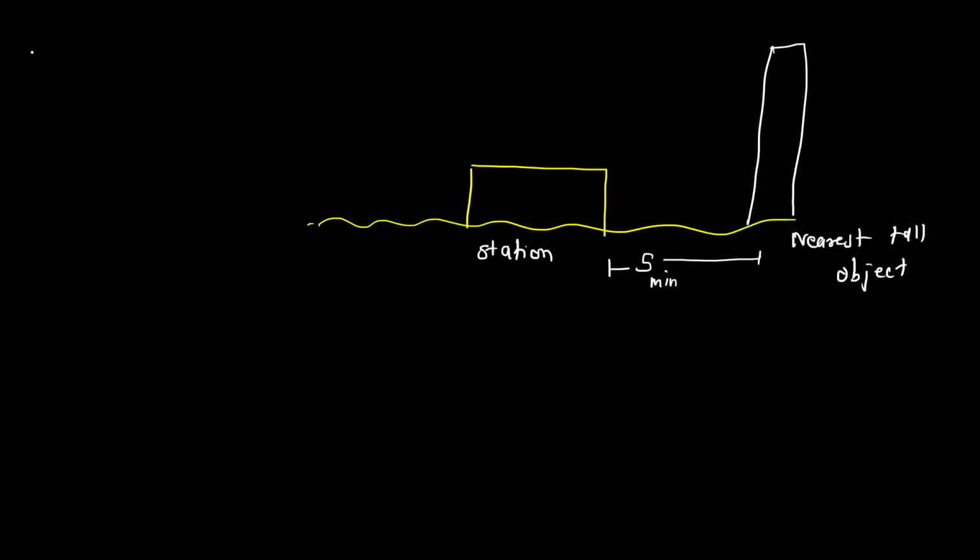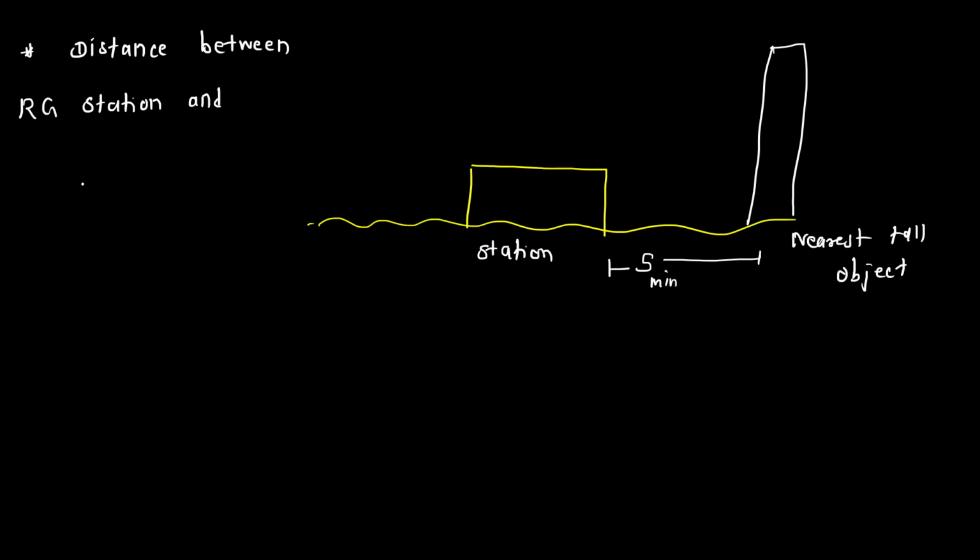So write down distance between station. See, this station means rain gauge station. Don't get confused here. This is not a railway station or some bus station. This is a rain gauge station.